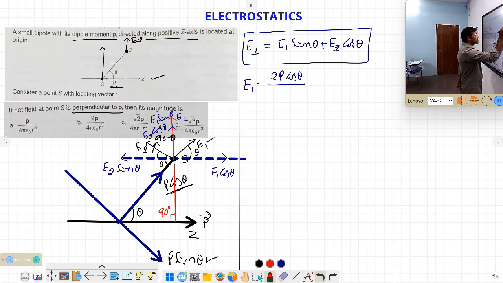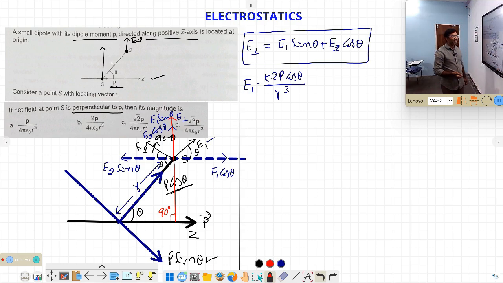So E1 is K into 2P cos theta by R cube, where K is 1 by 4 pi epsilon naught and R is the distance of that point. You know the derivation of the electric field intensity due to the dipole at any angular position theta, in terms of components. So E1 is equal to K into 2P cos theta by R cube.